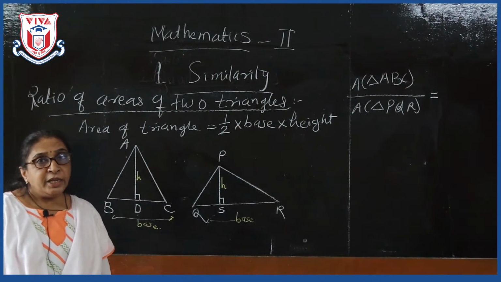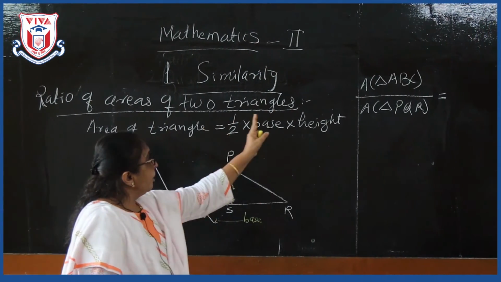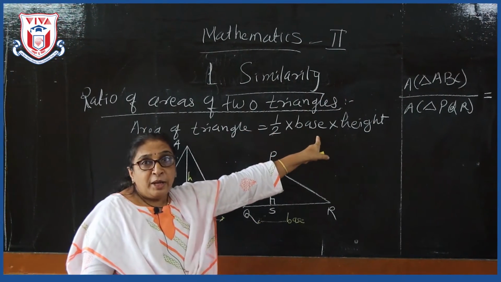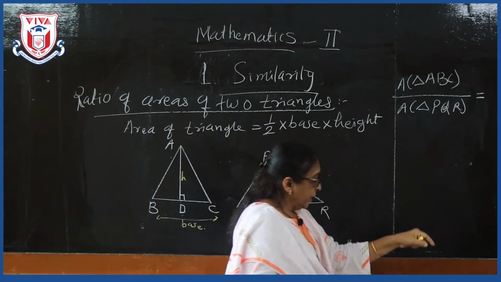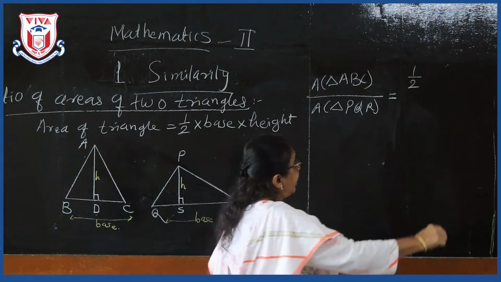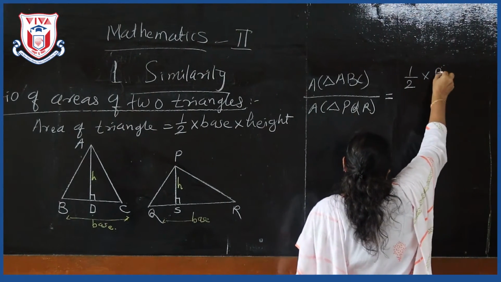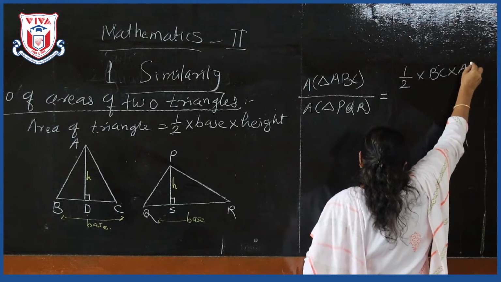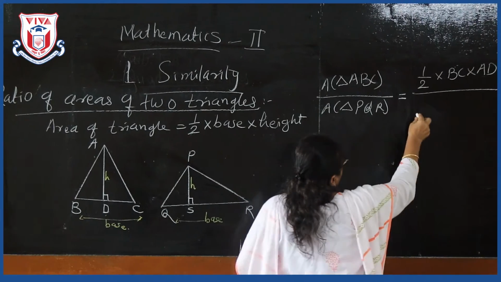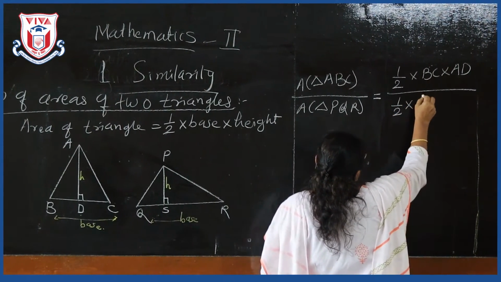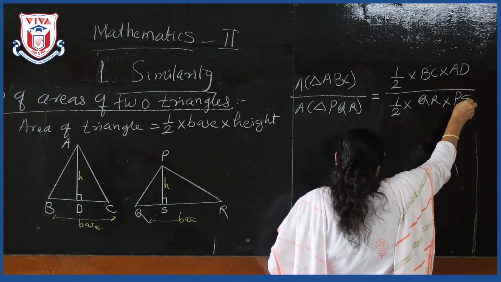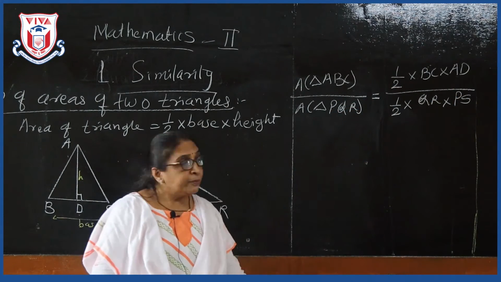Area of triangle ABC upon area of triangle PQR is equal to, we know the formula, half into base into height. So, for triangle ABC, the area will be half into BC into AD, divided by area of triangle PQR, which means half into QR into PS, base and height product.